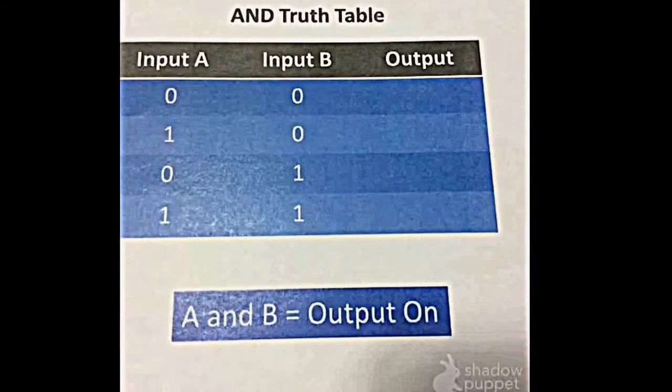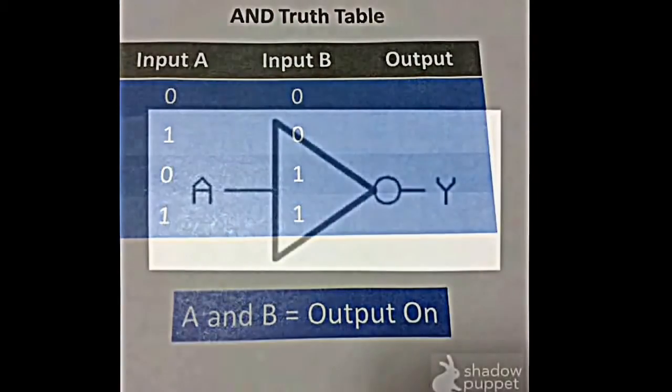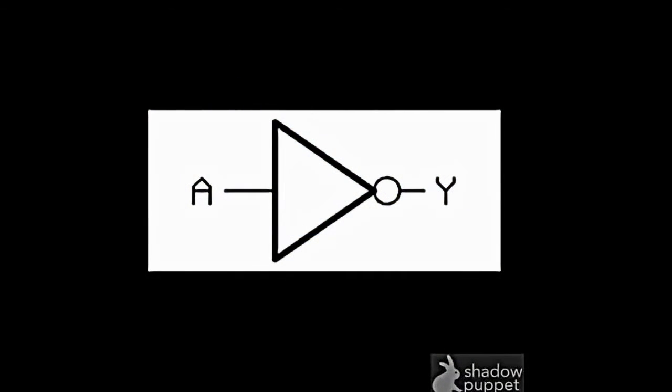Now, for the final one, 1 for input A and 1 for input B. This means input A is on and input B is on. So pause the video and guess the answer. The answer is yes. You will get an on output. So let's just go over these again. Off, off, off, on.